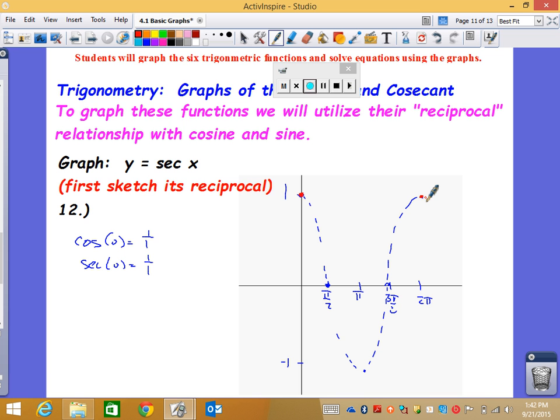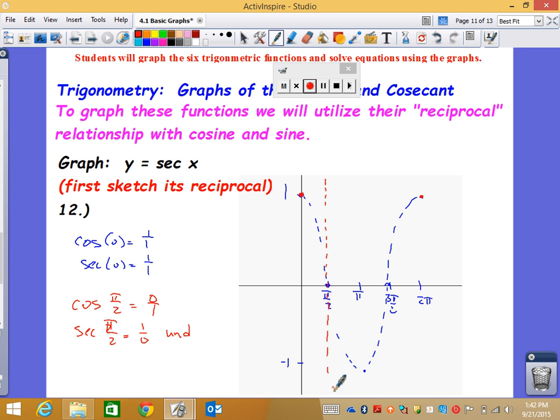But what about at pi over 2? The cosine of pi over 2 gives me 0. We can think of it as 0 over 1. So the secant of pi over 2 will give me 1 over 0, or undefined. So we actually have asymptotes.